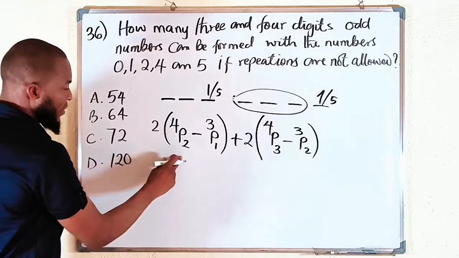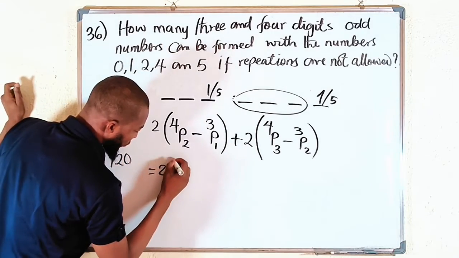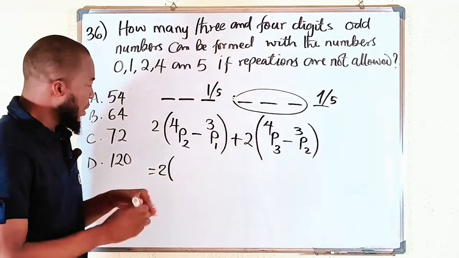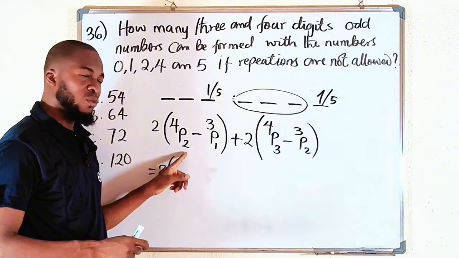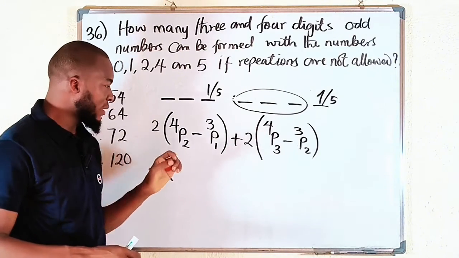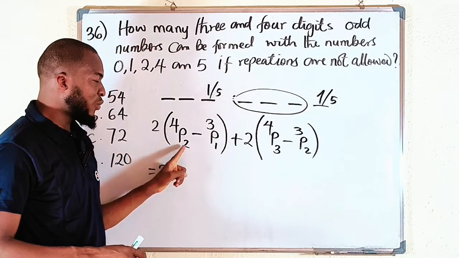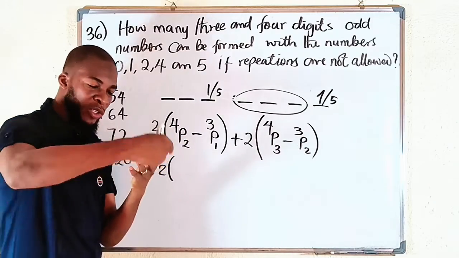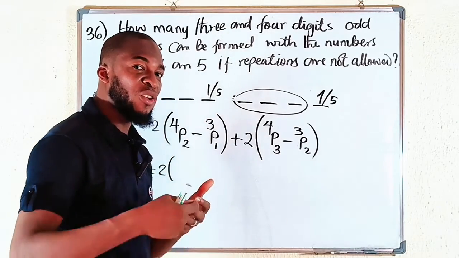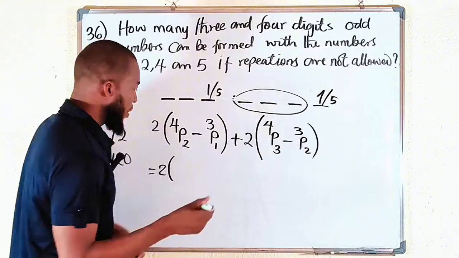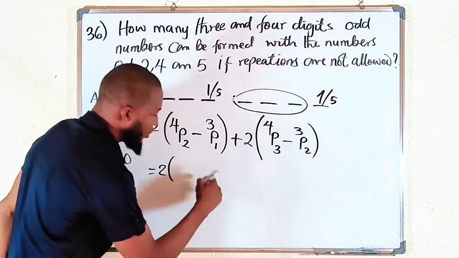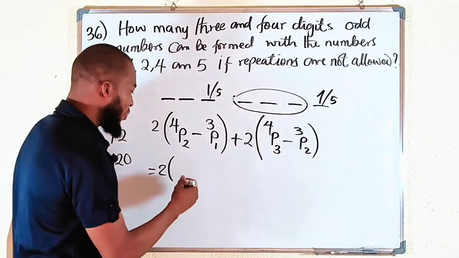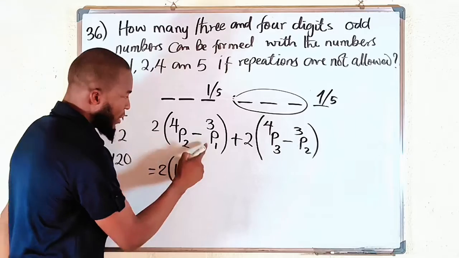So let's break this down. This is equal to 2 multiplied by, what is 4 permutation 2? That's a simple way to do that. Remember, if you subtract 2 from 4, you're going to get 2. So take 4 and keep on multiplying backward till you reach the number before that 2. So it will be 4 times 3, you stop, which is going to give you 12, right?